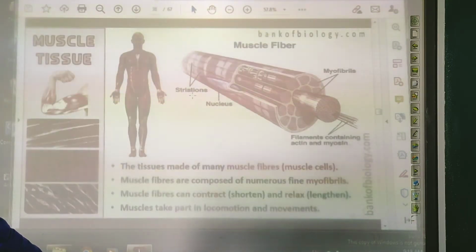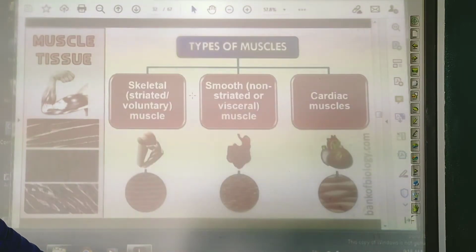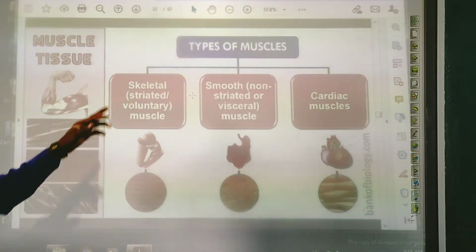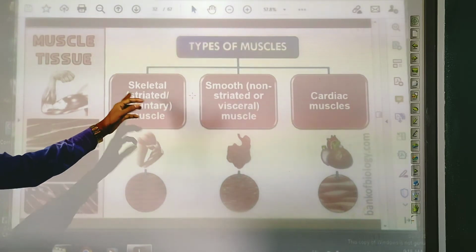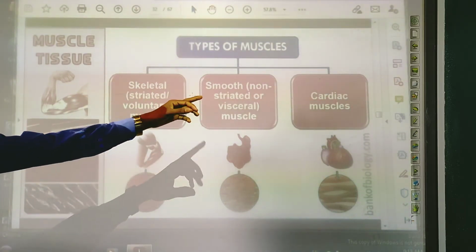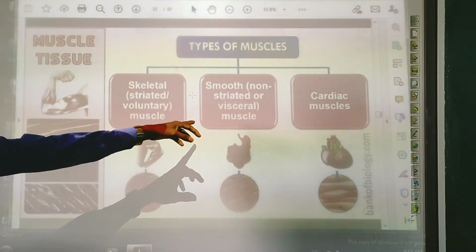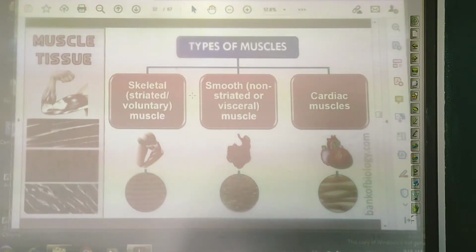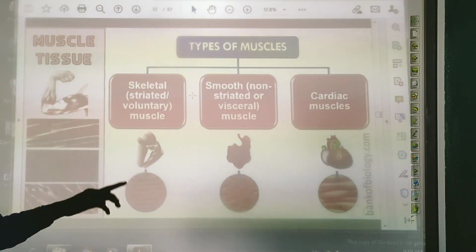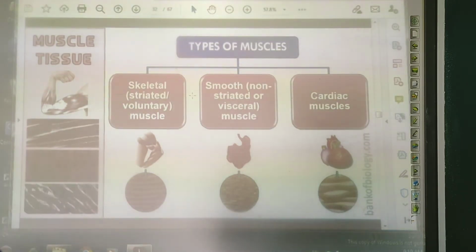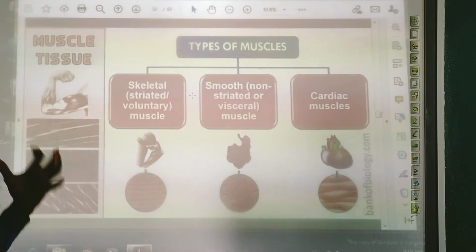Muscle tissue: we have three types, voluntary, involuntary and cardiac. Skeletal, striated or voluntary muscles; smooth, non-striated or visceral muscles; and cardiac muscles. Now what is the location of these muscles? That is also very important. Skeletal muscles are under our control.